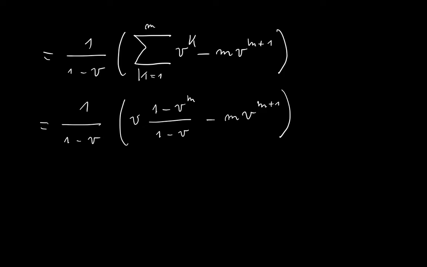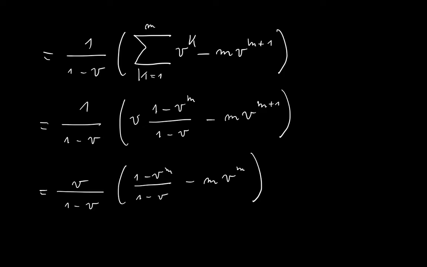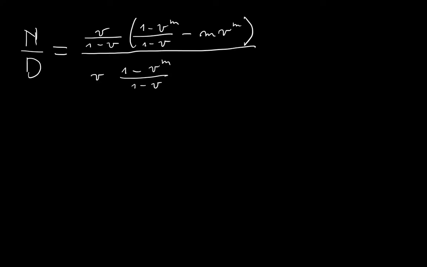The geometric series is singled out as we did before, and therefore we have this formula. Then we collect a v and put it outside of the round brackets, and we have this formula. Then we just do the division between the numerator and the denominator.